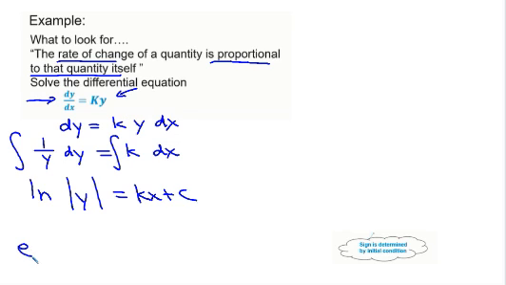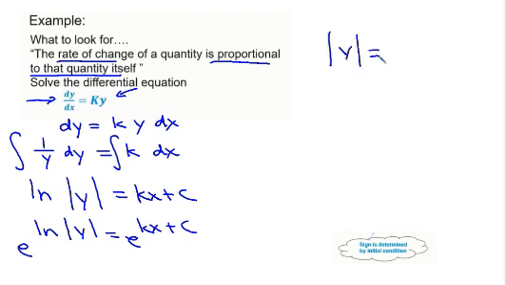If I exponentiate both sides, we have done this before. Exponentiate both sides. That helps me get my y by itself. So now I've got the absolute value of y equal to, now before we move on, remember that this can be e to the kx times e to the c.